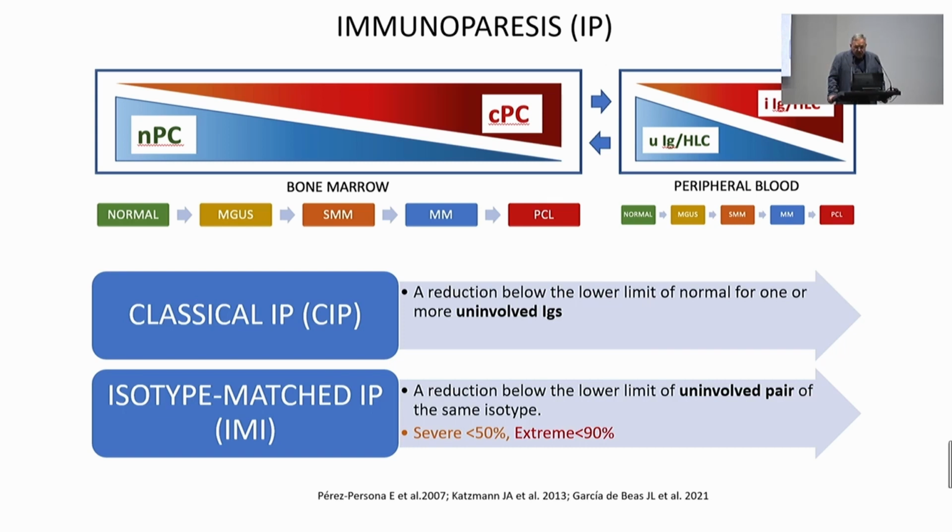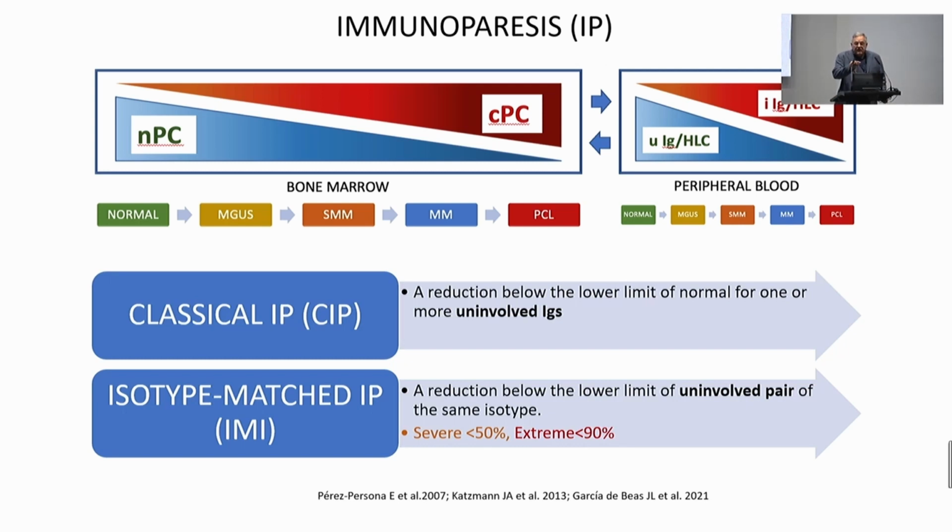But also, with the help of the Hevylite, we can measure the isotype match immunoparesis, IMI, which means a reduction below the lower limit of the uninvolved pair of the same isotype. It can be severe, less than 50%, or extreme, less than 10%.